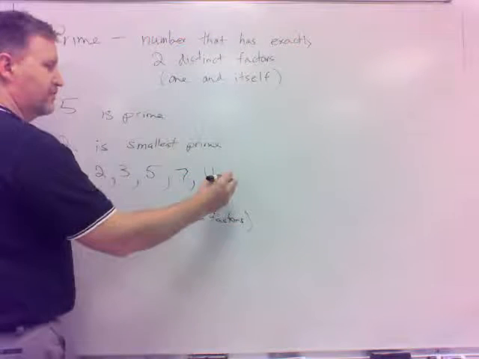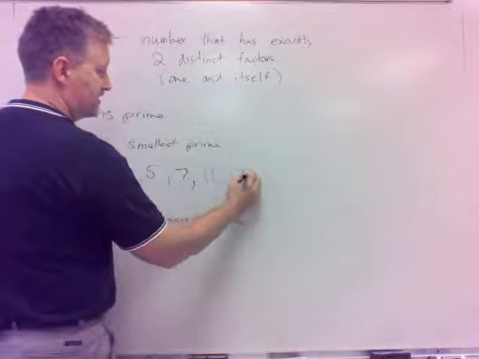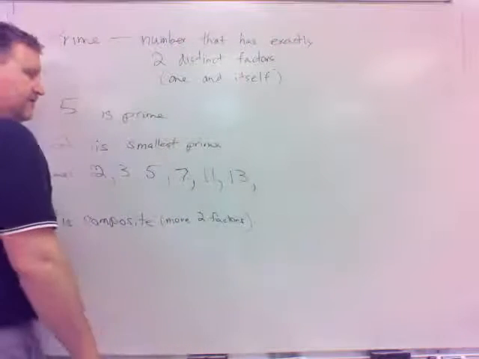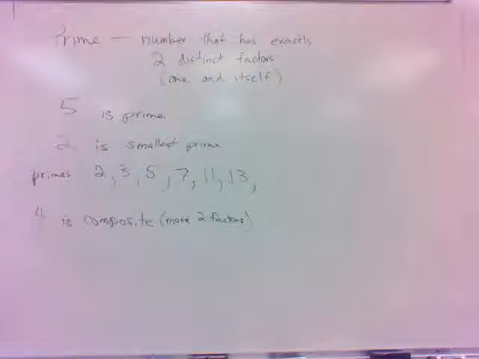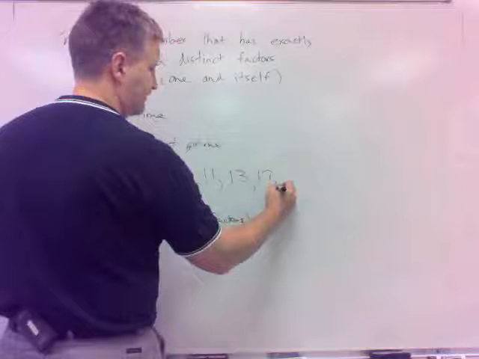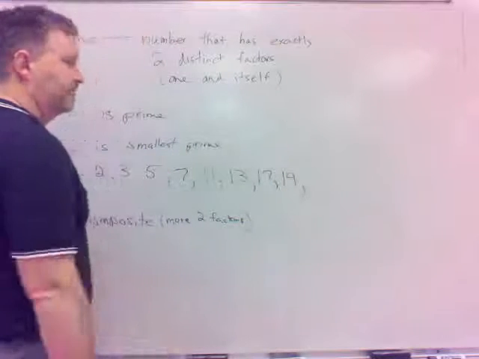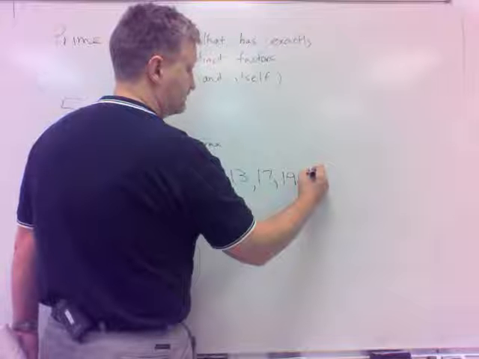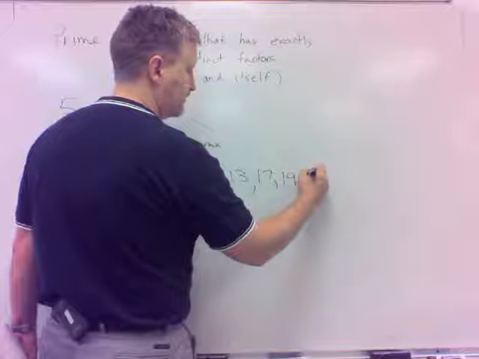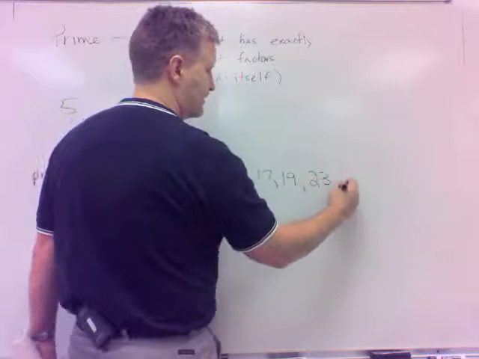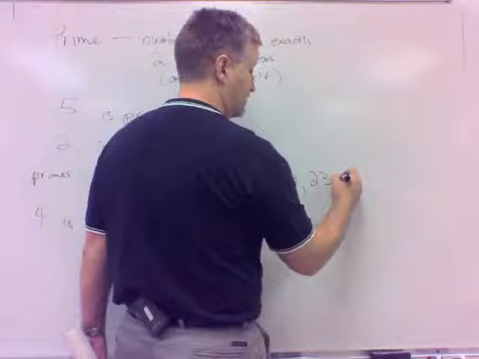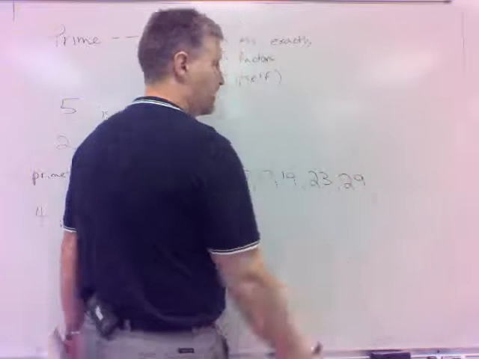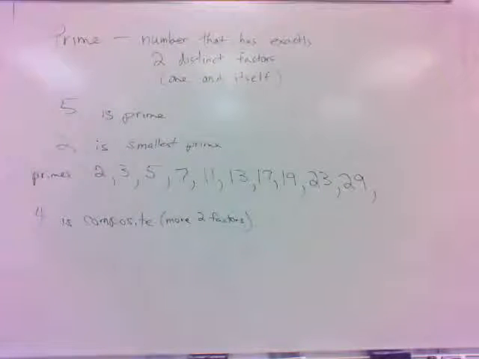11 is. 12 isn't. 13 is. Really just need to talk about the odds, don't we? 15, is it prime? Nope. 17, yes. 19, yes. 21, no. 23, yes. 25, 27, 29. 29 is the next one. 25 and 27 aren't, because they have factors.